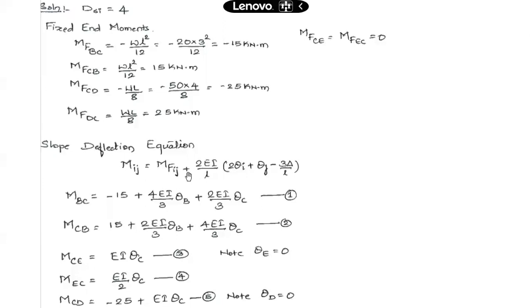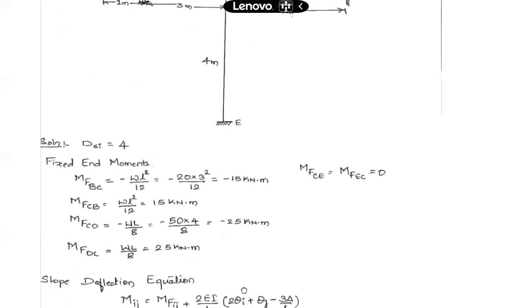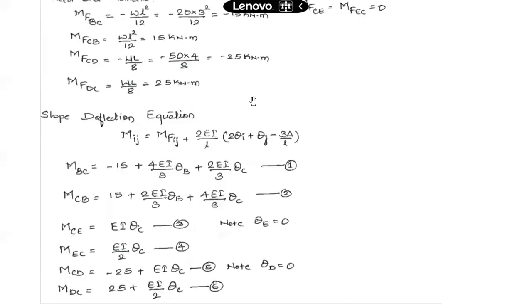When I put these values in and simplify, it gives me this equation: MBC will be equal to minus 15 plus 4EI by 3 into theta B plus 2EI by 3 into theta C. I is constant for this member, and L, the span, is 3 meters, so that has been substituted. This is the first equation we will come across, on substituting the fixed end moment values and other values. Let us say this is equation number 1.